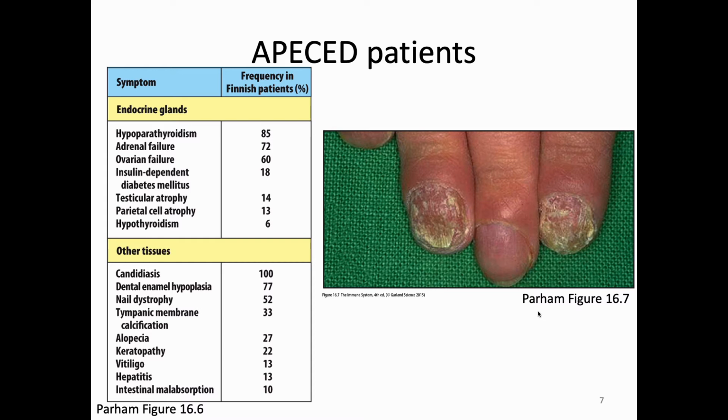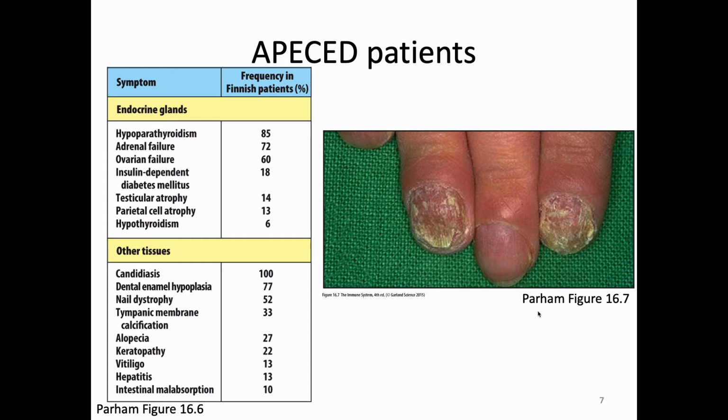Weirdly enough, in the mice, the biggest problem is this crazy, dramatic autoimmune destruction of their salivary glands. So in mice, this particularly means their salivary glands get destroyed. What the deal is with that is less clear.